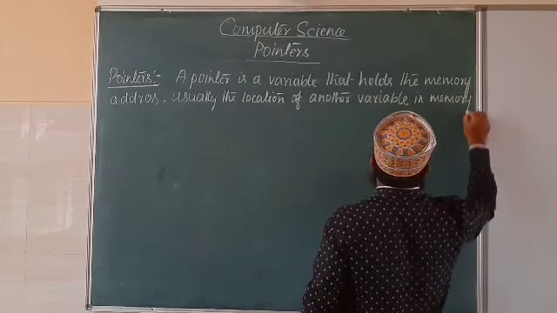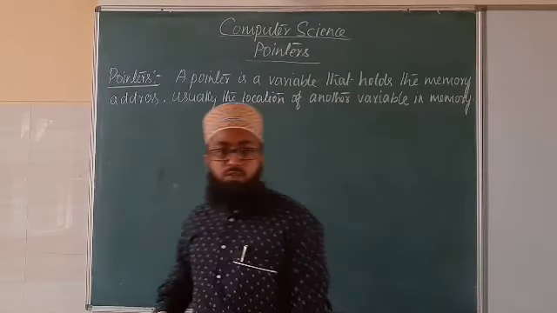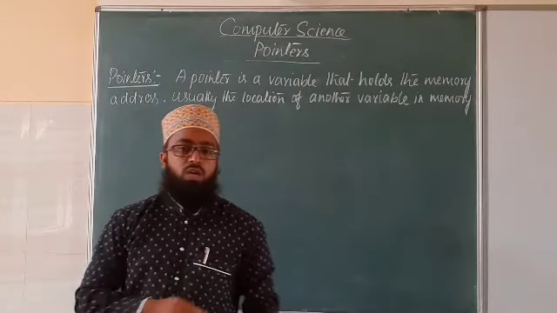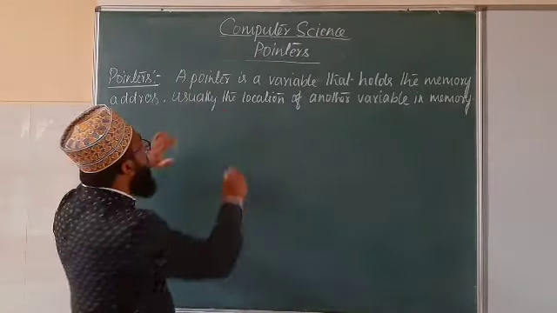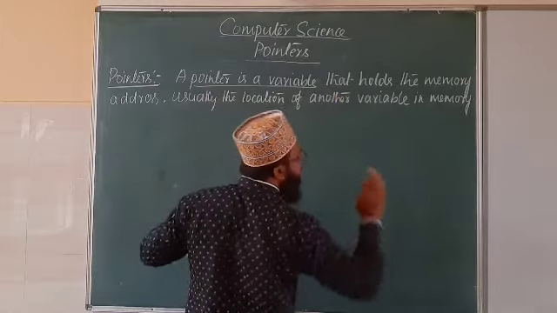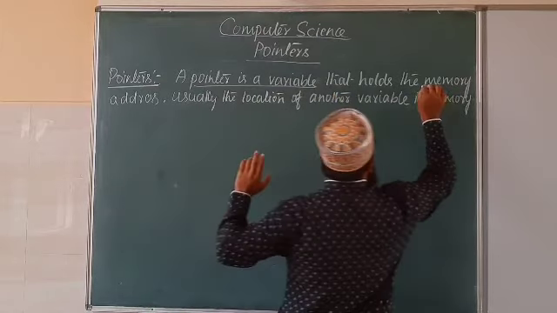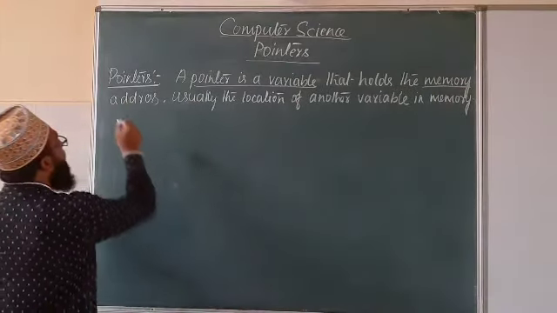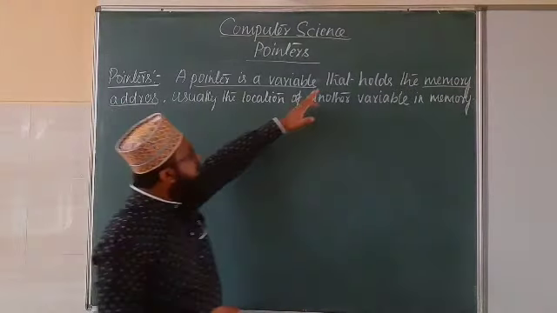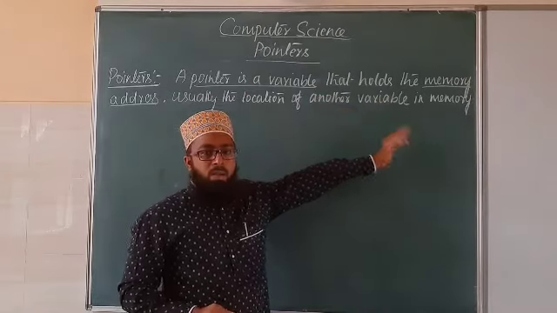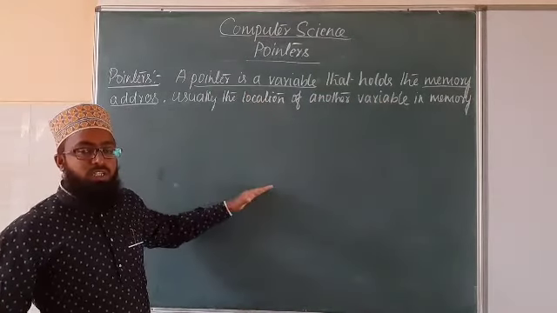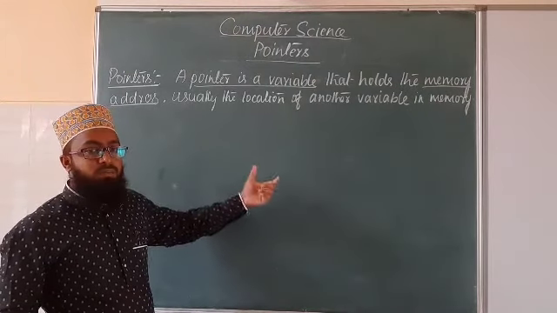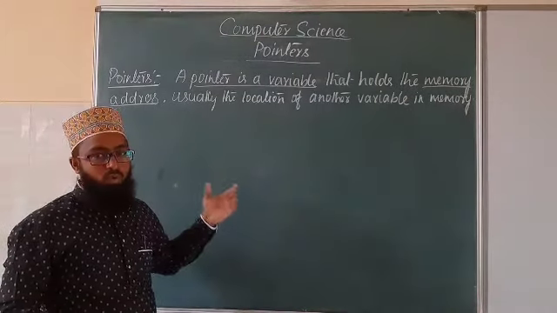It will hold the memory address. So this is called a pointer. It is itself a variable, and it holds the memory address, which I have shown you here: usually the location of another variable in memory. It keeps holding the location of the other variable in the memory.